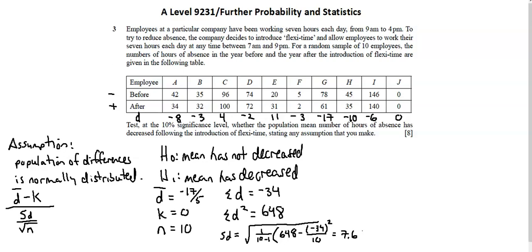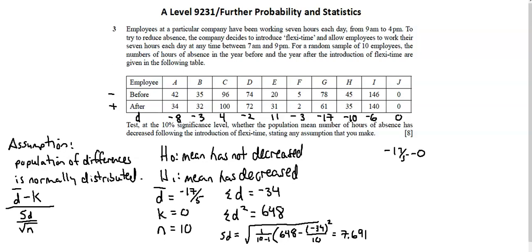I don't want to use a rounded value as an input, so you can either store this value in your calculator, or when you do the calculation of the test statistic, instead of calculating this preliminary standard deviation, you can simply make one big calculation so that the output in your calculator is precise.